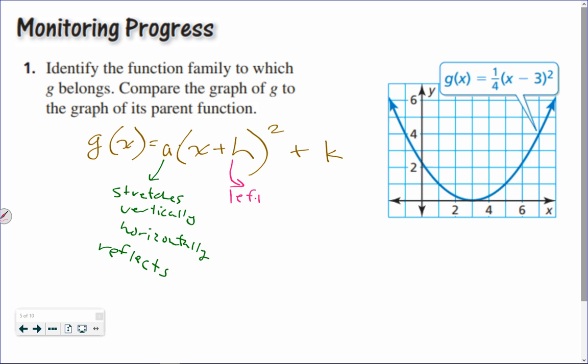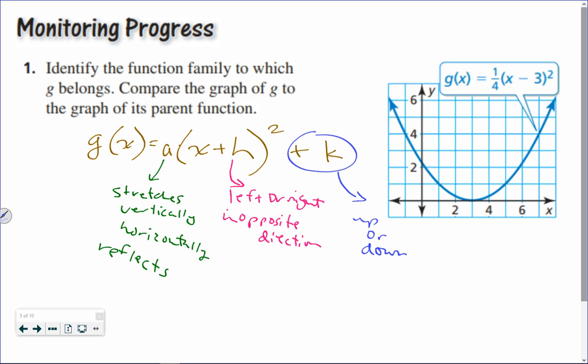It moves left or right, in the opposite direction. And then the K, up or down. Can I follow the sign?